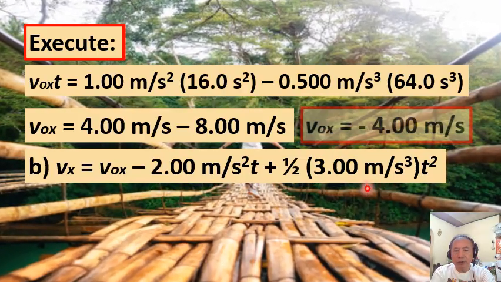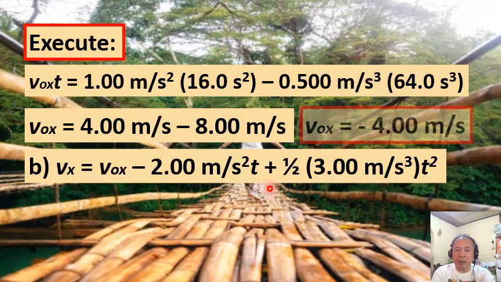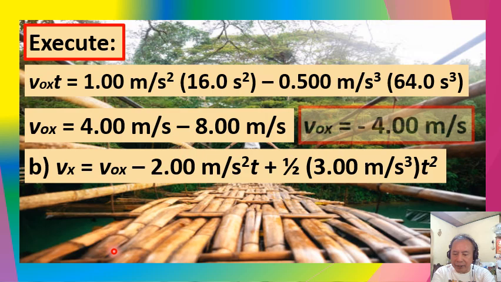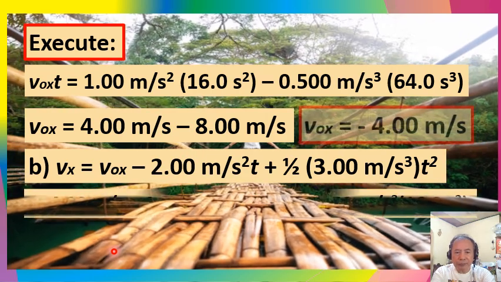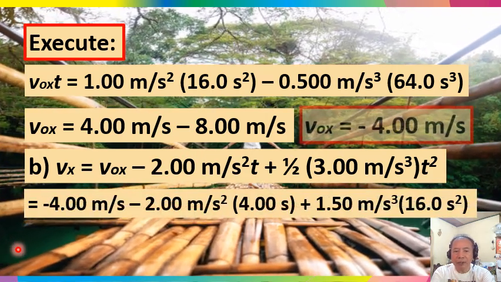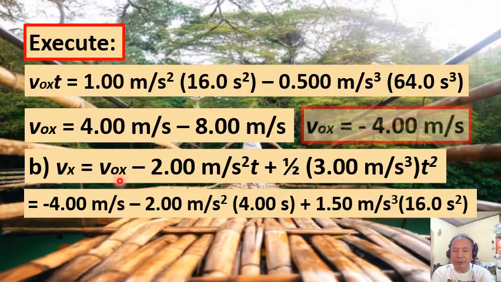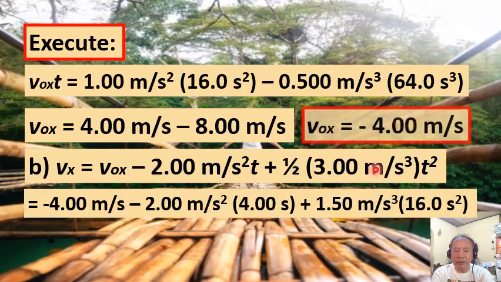When we substitute the value of the time t, which is 4.00 seconds, we get v_x equals negative 4.00 m/s. That's the computed value for v_0x.